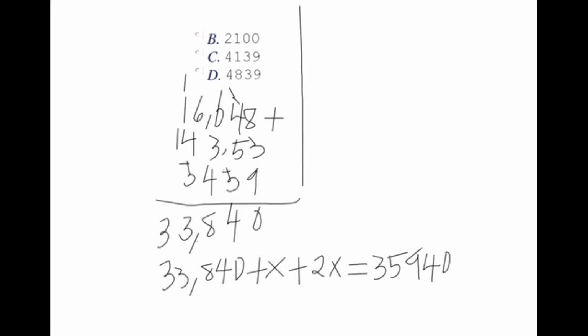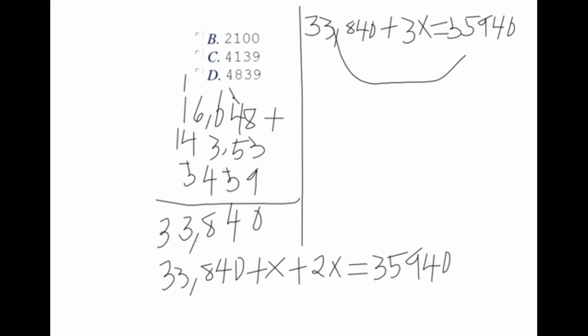So we have 33,840 plus X plus 2X is 3X, which should give us 35,940. So we'll take these across the equal sign. We remain with 3x equals 35,940.